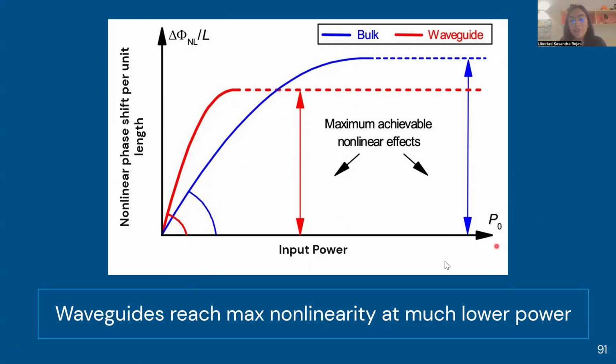Remember that at the end of the day, you want to be efficient when it comes to power. In some cases, the power you need to reach this level of nonlinearity in a bulk type device is not efficient and sometimes not even doable. So the main takeaway is that waveguides are the way to go if you want to harness nonlinearities.